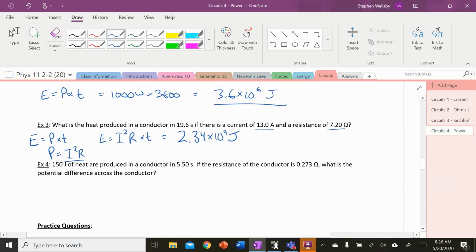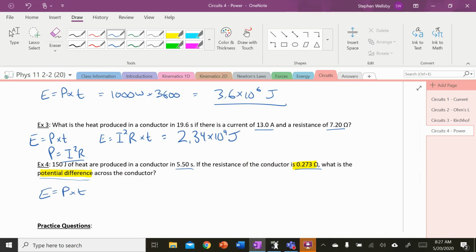All right, now this one here: 150 joules of heat are produced in a conductor in 5.5 seconds, and we know the resistance. What's going to be the potential difference across the resistor? Well, let's try this one out ourselves. We know that we have this formula, energy equals power times time, and the power formula that we are going to use is the one that relates to resistance, since we're trying to find potential difference.